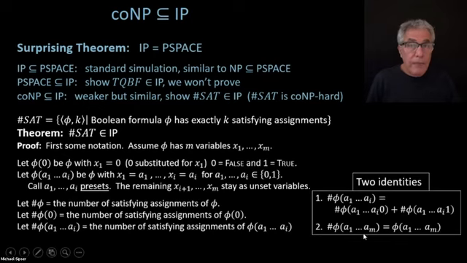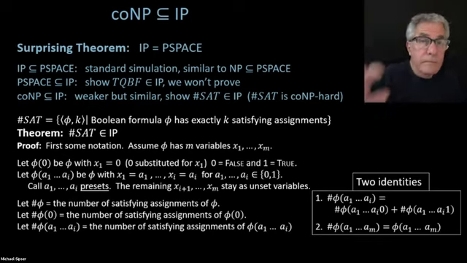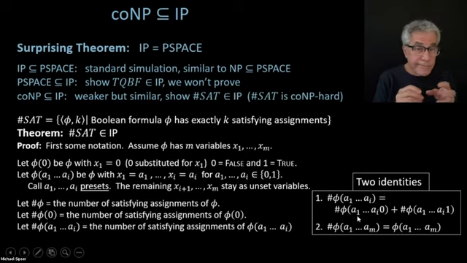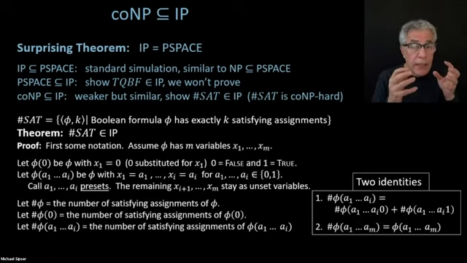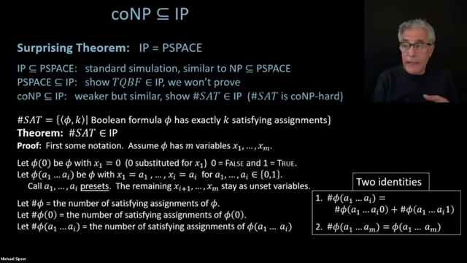So these two identities say that, first of all, I think understanding the first one is clear just by thinking about it in the case where i equals 0. This is the case where the number of satisfying assignments altogether is the number of satisfying assignments when I've set x1 to 0 plus the number of satisfying assignments when I've set x1 to 1.